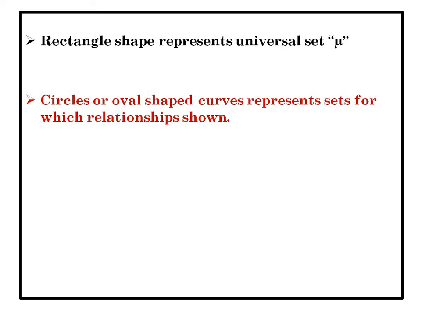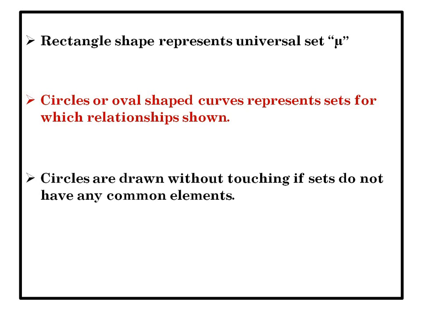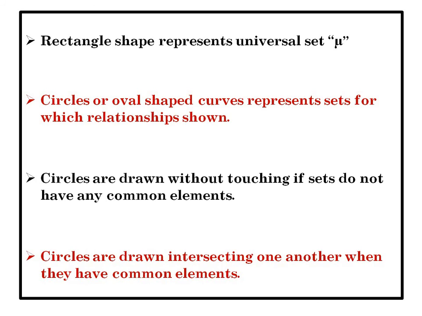In general it may be a round shape or an oval shape. Circles are drawn without touching if sets do not have common elements. Suppose we take two sets that do not have common elements, then the circles or ovals are drawn separately without touching. And circles are drawn intersecting one another when they have common elements.